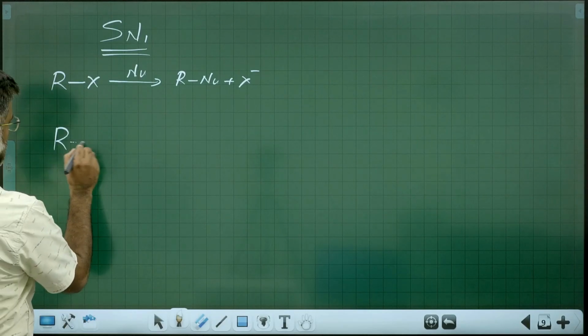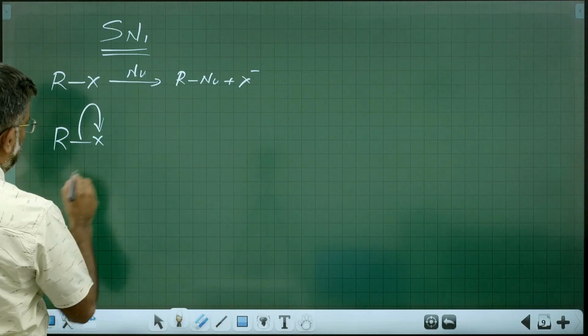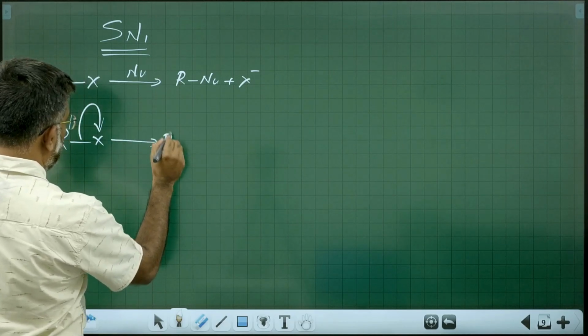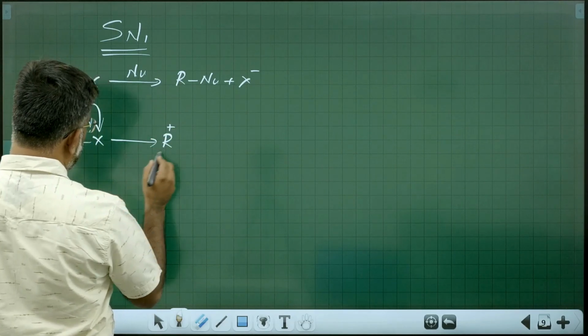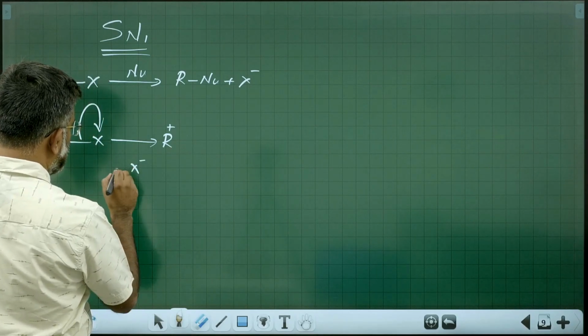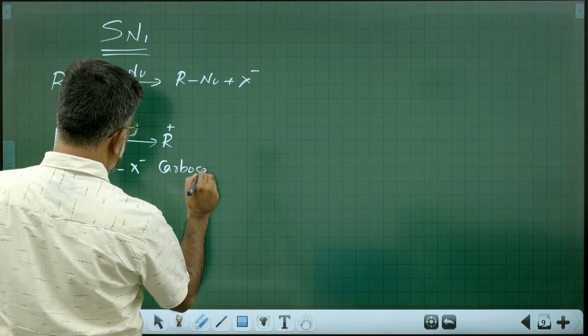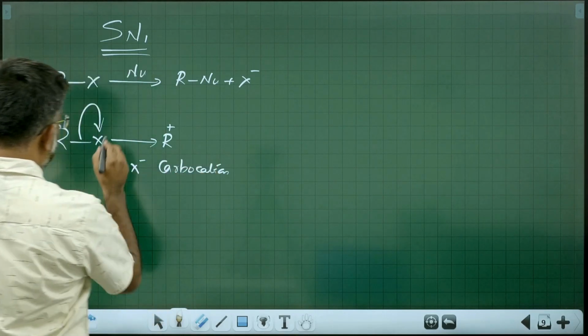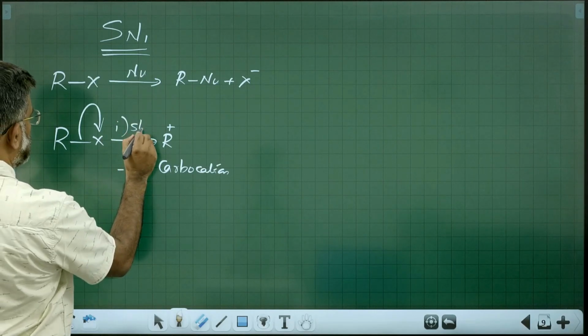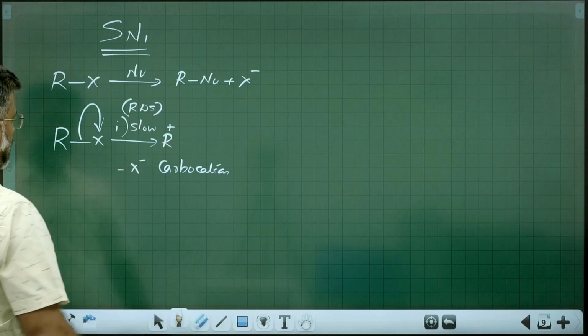There is step 1: RX is polarizing and breaking as R plus and X minus. X minus is leaving and you get a carbocation. That is step 1, which is the slowest step and the rate determining step of the reaction.